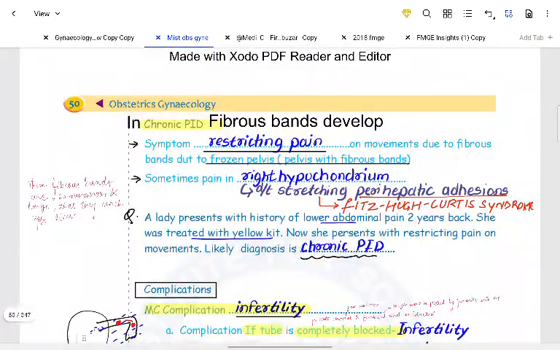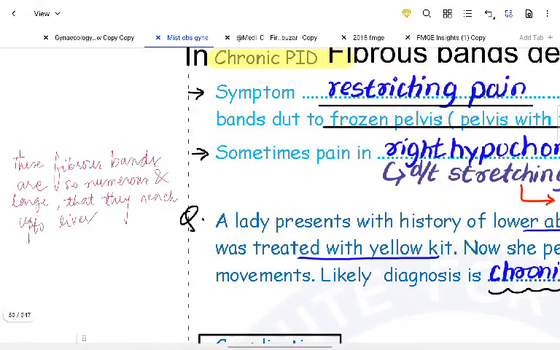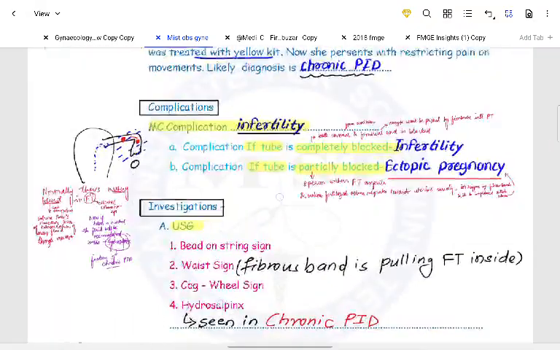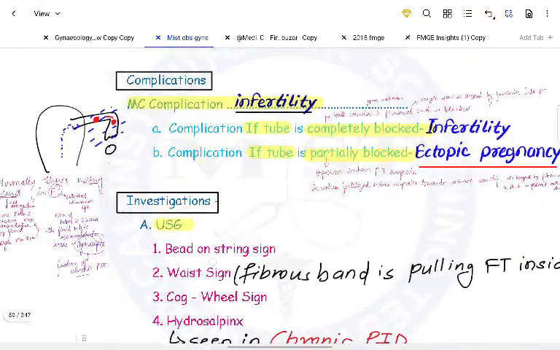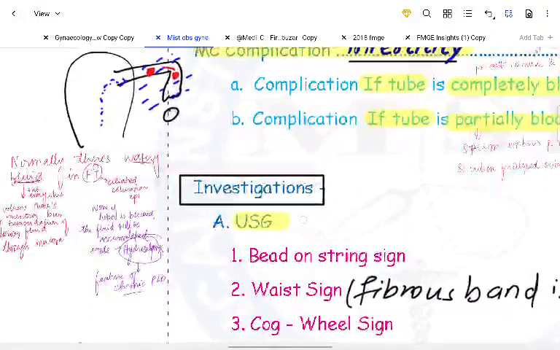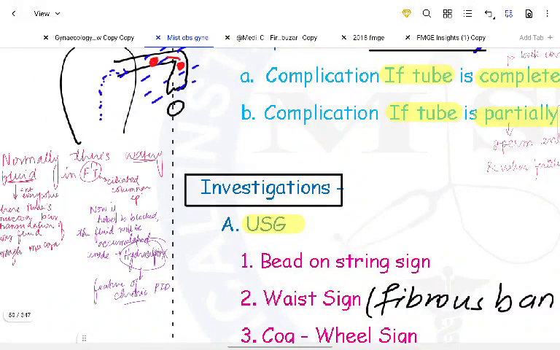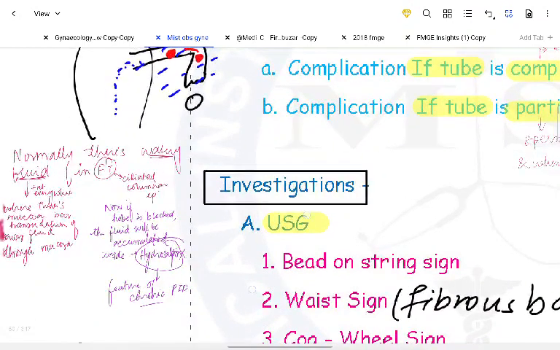The water collects in it, and the fibrous band develops. Because we know that in all mucosal epithelium, fluid is formed, right? Serous fluid is formed through the mucosa, and the fallopian tube has a ciliated columnar epithelium.